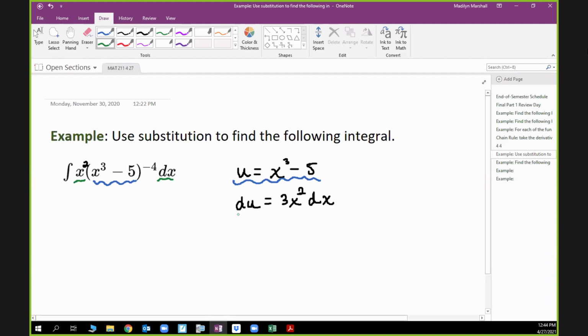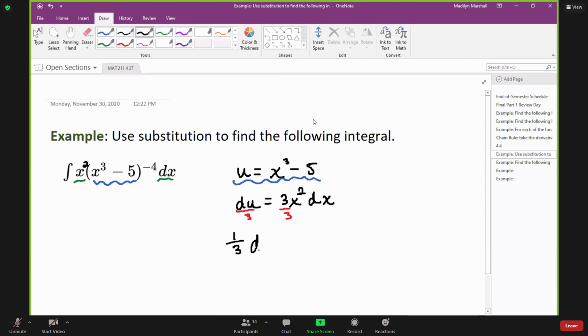So there's a slight problem over here though, because our du is 3x squared dx. We want only x squared dx and not that 3. So that means we need to get rid of that 3 by dividing both sides by 3. Which really, I recommend writing it as 1/3 du equals x squared dx.